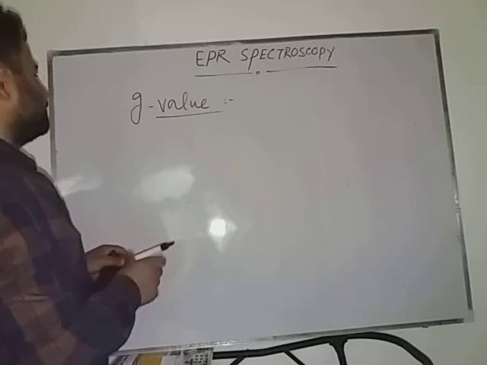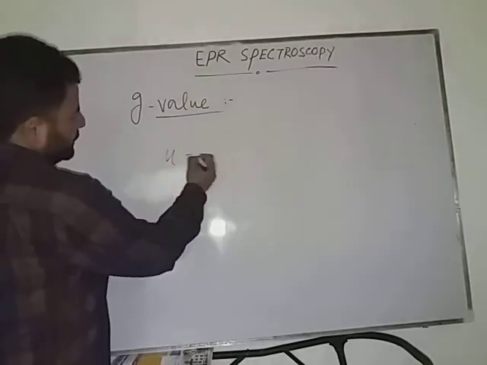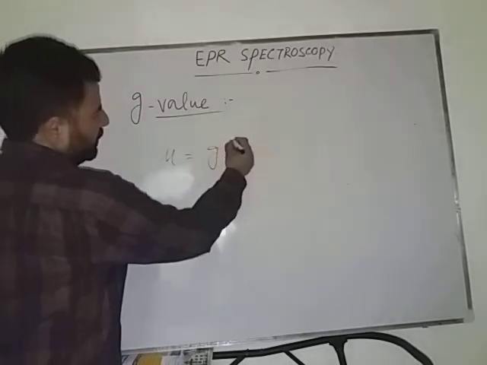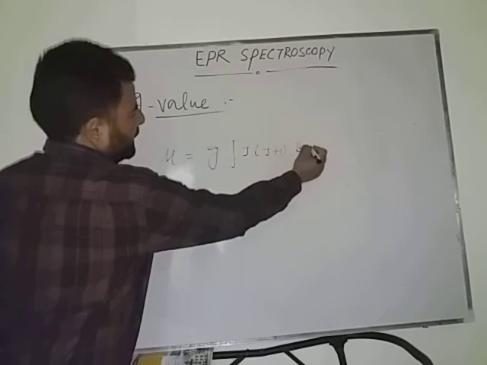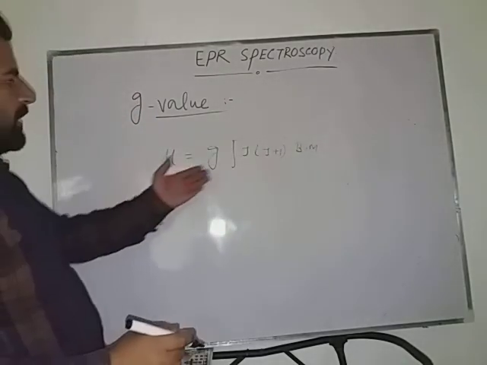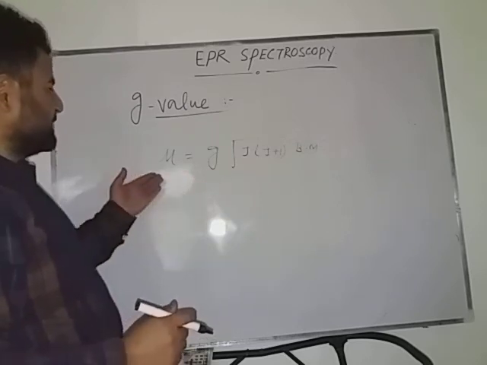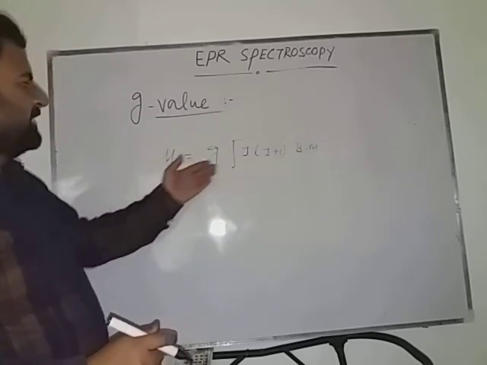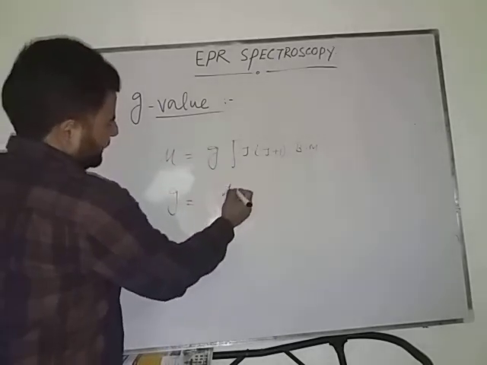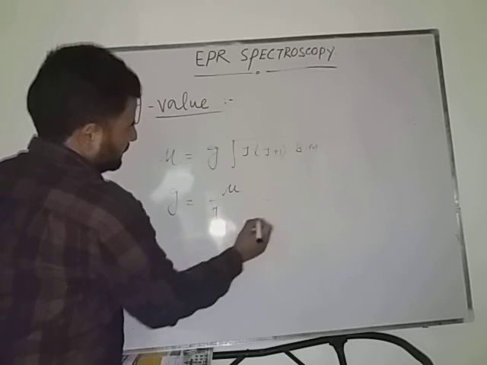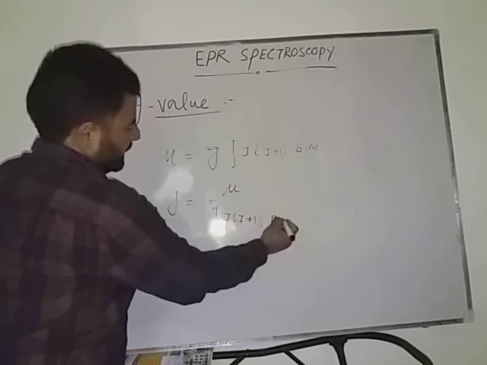So now we know that mu is equal to G under root of J into J plus 1 Bohr magneton, if we consider the total angular momentum, in that case the total magnetic moment will be like this. From this we can get G is equal to mu divided by under root of J into J plus 1 Bohr magneton.